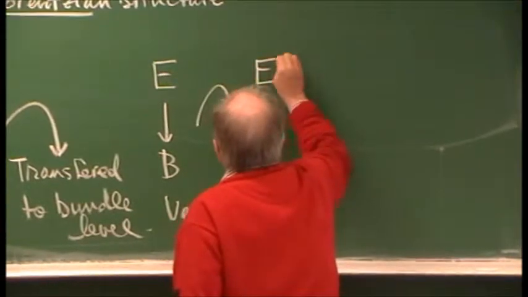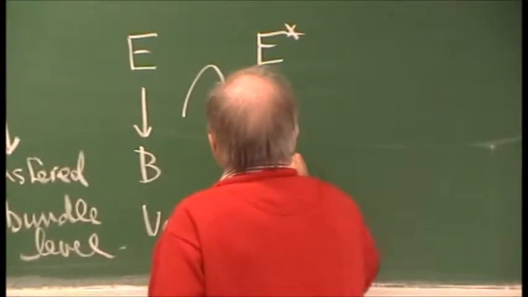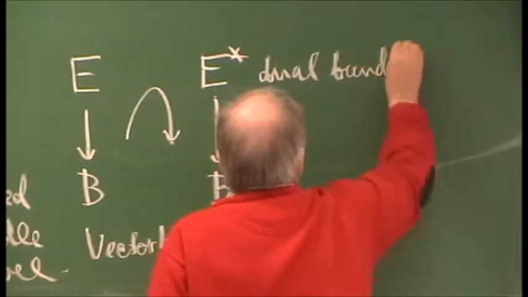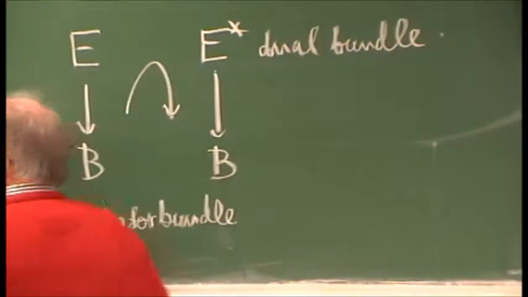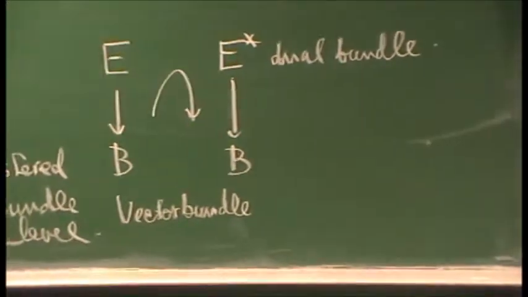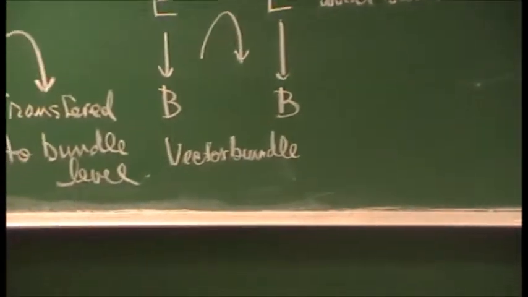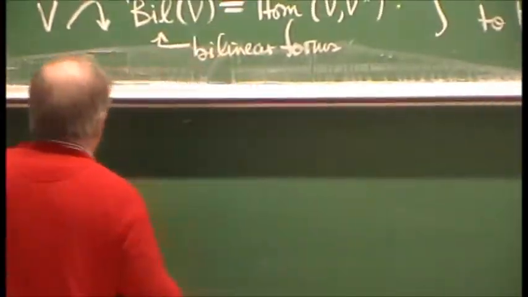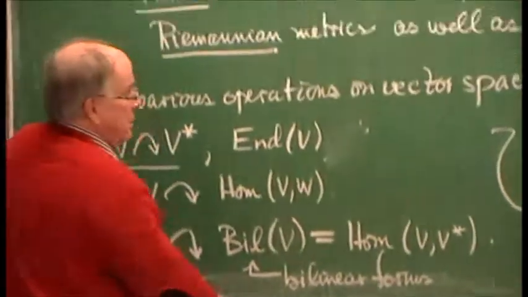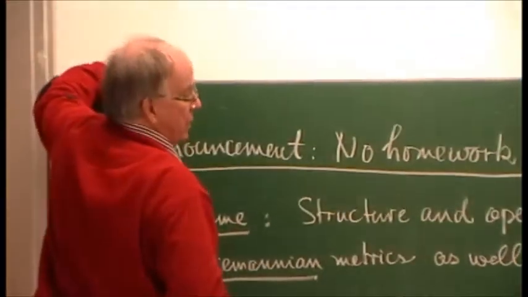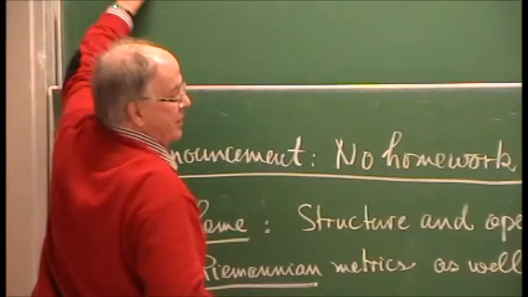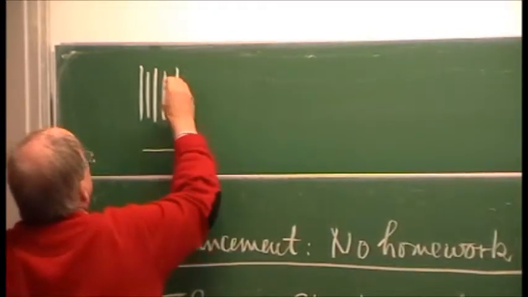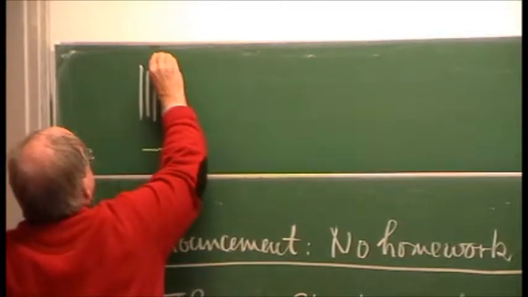It might be very logical to go to a dual bundle. That was the first thing we did here. Why is that logical? Well, here's the vector bundle, and each fiber is a vector space.